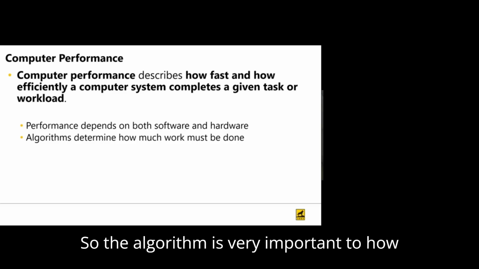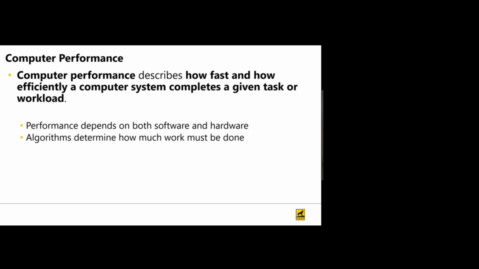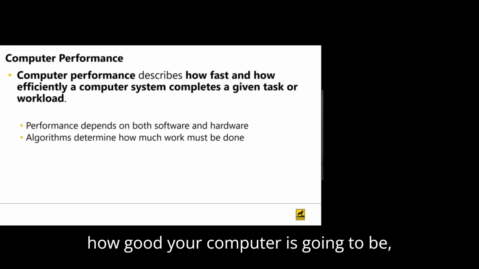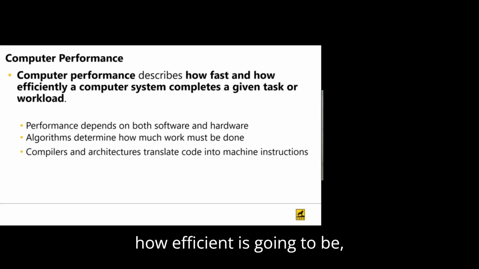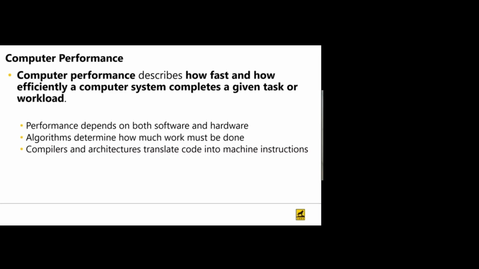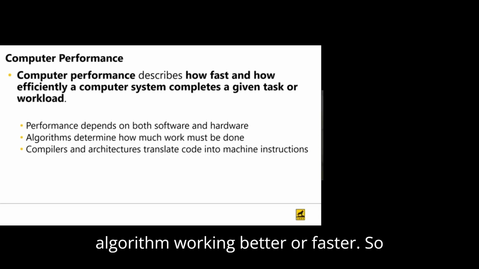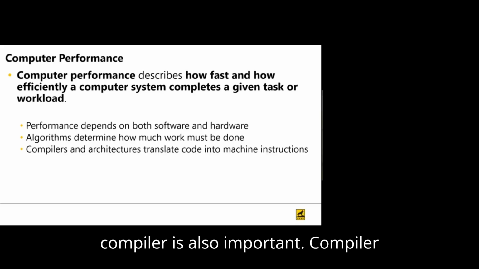So the algorithm is very important to how good your computer is going to be, how efficient, how fast. After the program, the compiler is responsible. If the compiler is designed properly, it can sometimes make your algorithm work better or faster. So the compiler is also important.